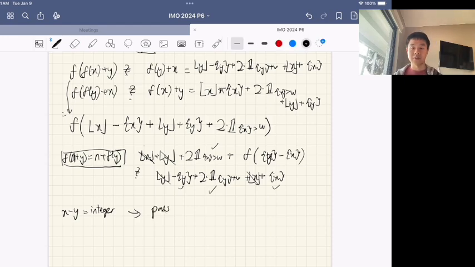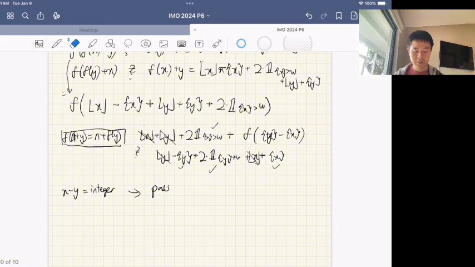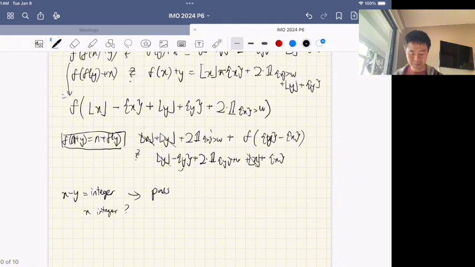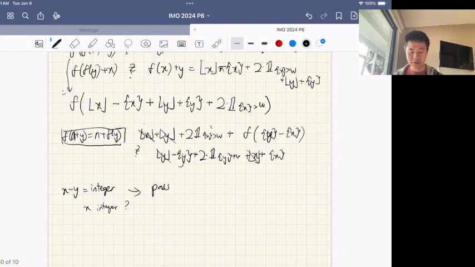So what happens now if x is an integer? If x is an integer, that means this is not going to pass. And then this one is just going to be 0, so both of these can cancel out.